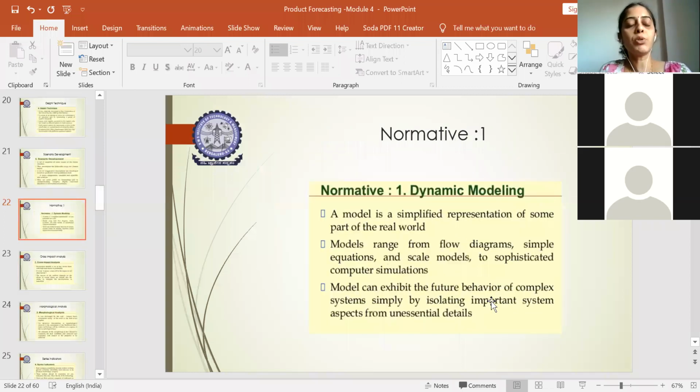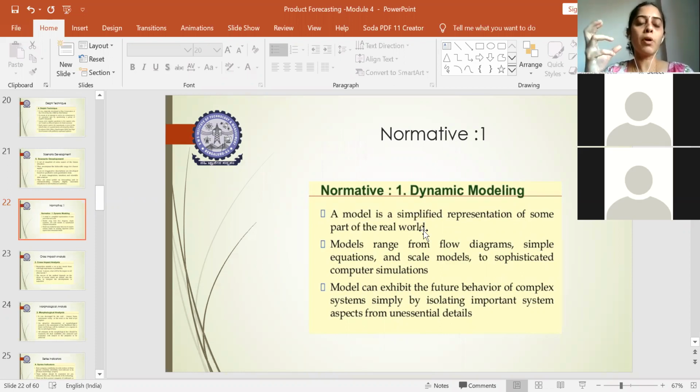So under that, first one is dynamic modeling. This is purely based on analytical data. What happens here? A simple mathematical model will be defined, representing some part of the real world. So what problem exactly the product is having.